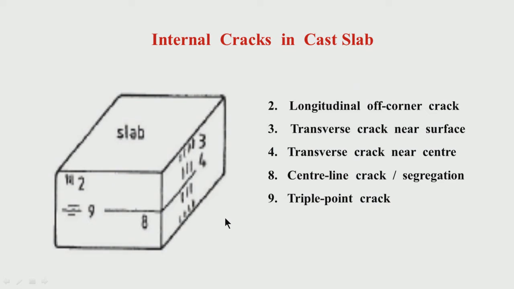Again, when the shell is going through the transverse region, there might be crack formation because those are brittle regions. So, there is a possibility of crack formation there also.